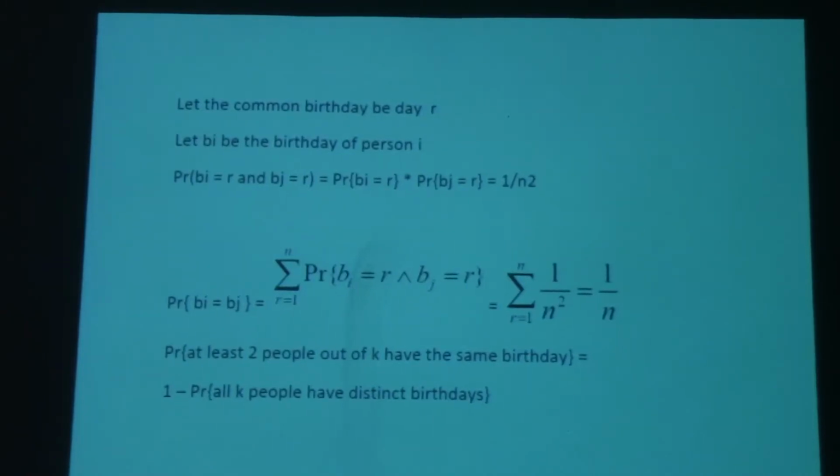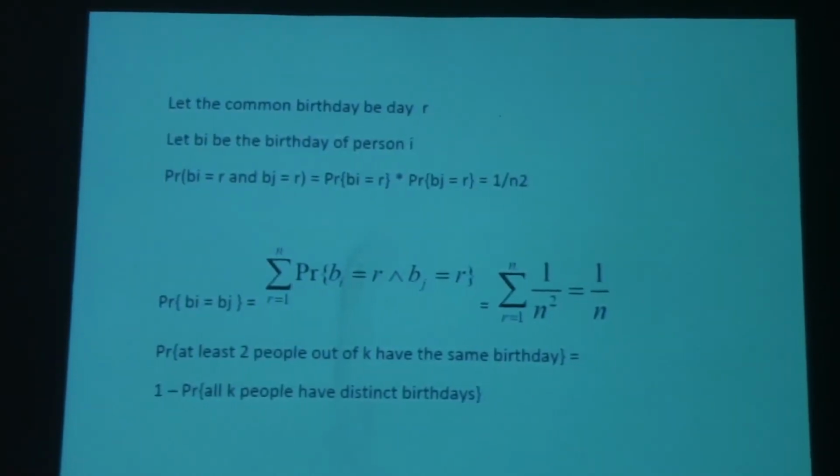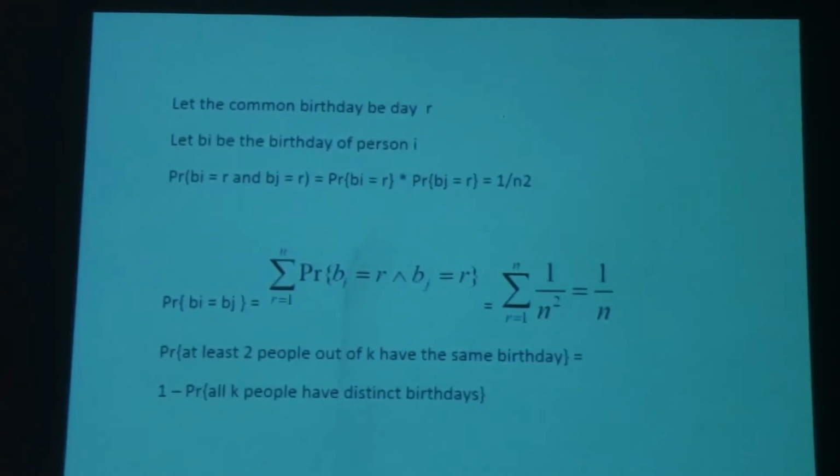This is supposed to be n squared. So what is this number? It's 1 over 365 squared, which is a very small number, right?